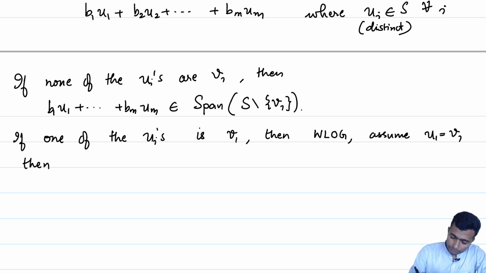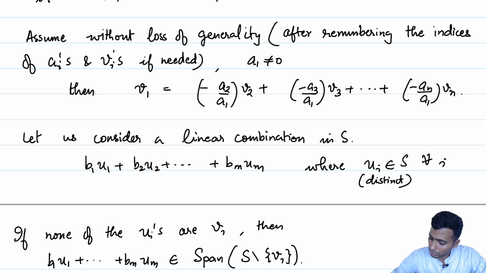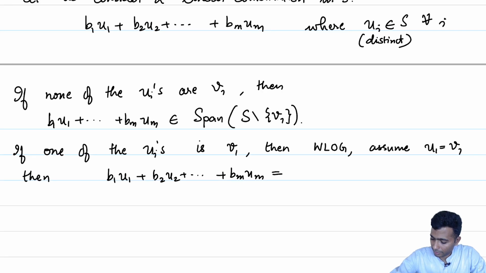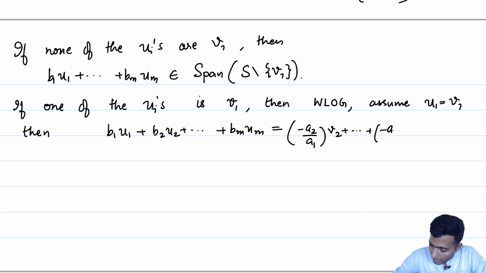Then b1 u1 plus b2 u2 plus up to bm um is again equal to, let us invoke equation star, where we wrote v1 as a linear combination of v2, v3 up to vn, minus a2 by a1 times v2 plus dot dot dot minus an by a1 times vn plus b2 u2 plus dot dot dot plus bm um.